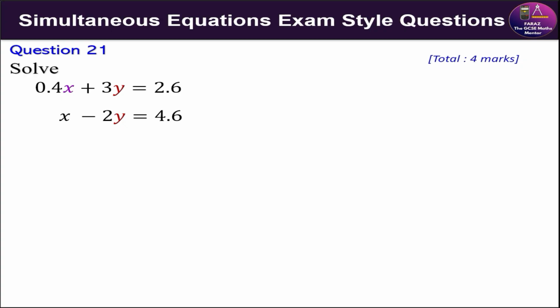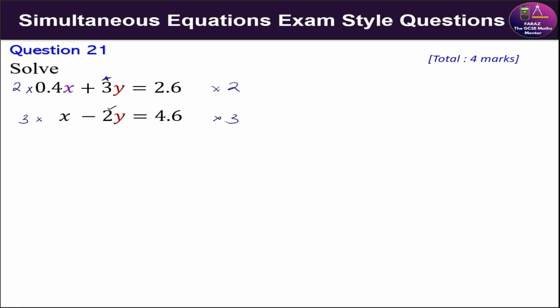Question number 21. So here we have 0.4x plus 3y equals 2.6 and x minus 2y equals 4.6. So here you can make the y coefficient the same as y are in integer form. So you can multiply equation number 1 by 2, as we know that 2 is present in the second equation. And you can multiply the second equation by 3 as 3 is there in the first equation. So multiply 3 on both sides.